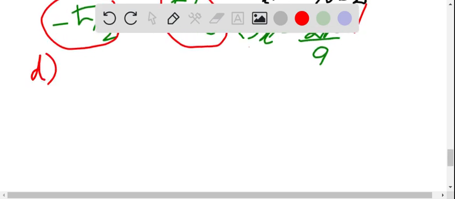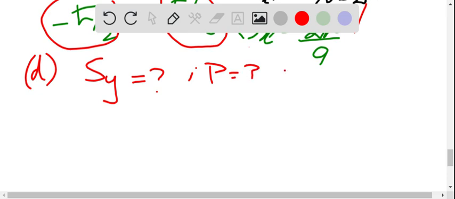Now the last part, part d, is that we need to find the values of S_y along with their probabilities, and the expectation value of S_y, right? So in this part, we will follow the same method as we did in part c to find the eigenvalues and their probabilities.